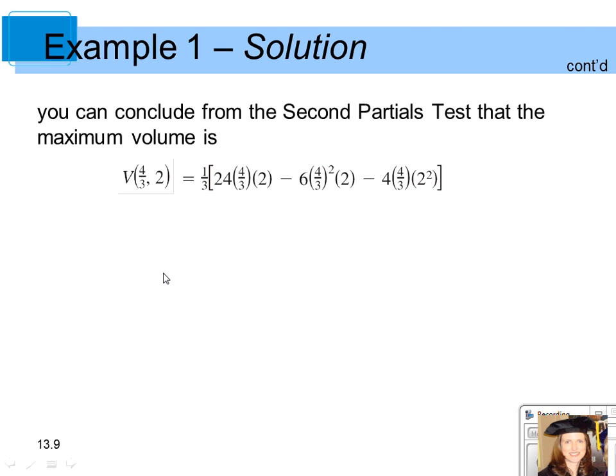So we can conclude, using the second partials test, that the maximum volume is found when x is 4/3 and y is 2. If we plug that back into our original volume function, we can determine the maximum volume by evaluating to get 64 over 9 cubic units.